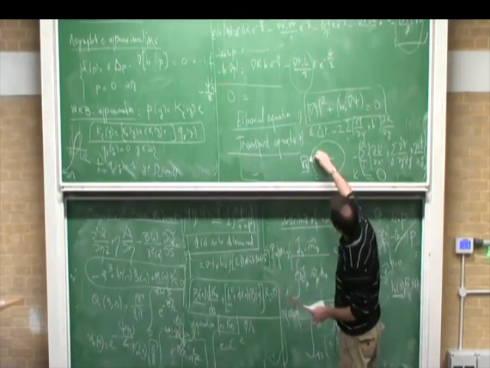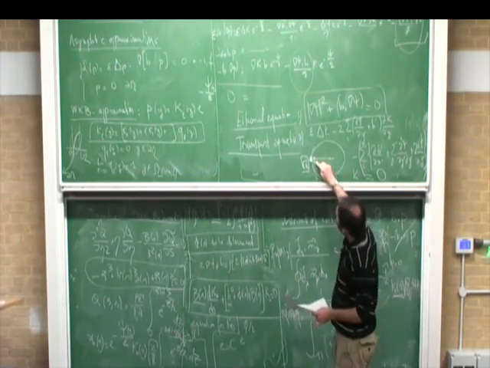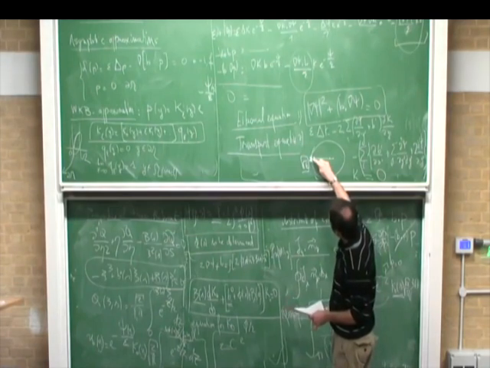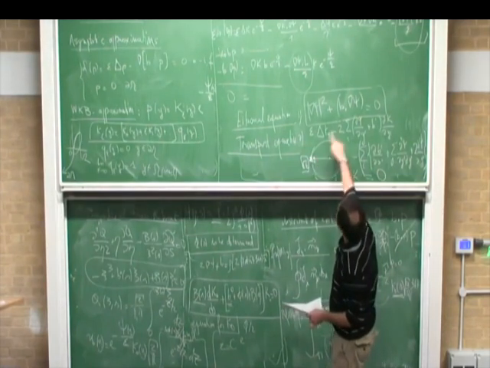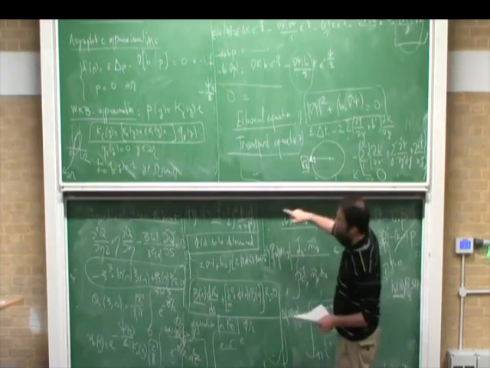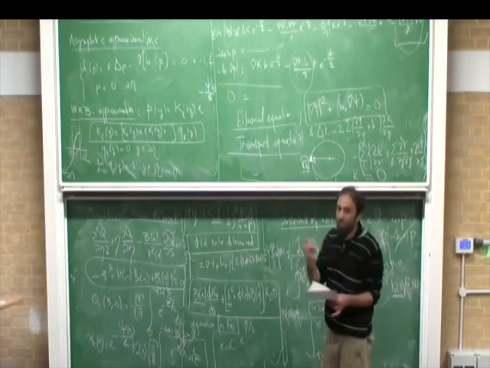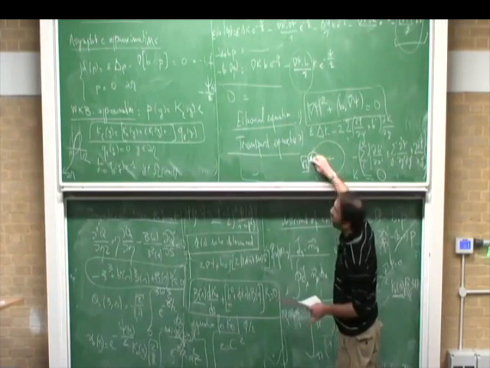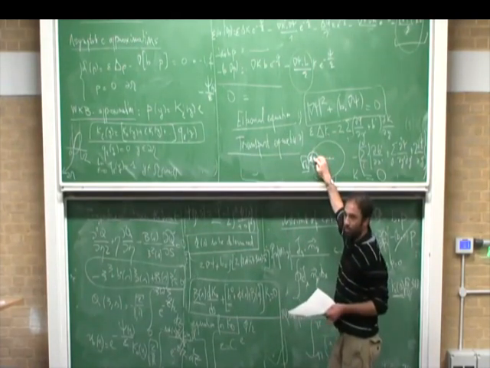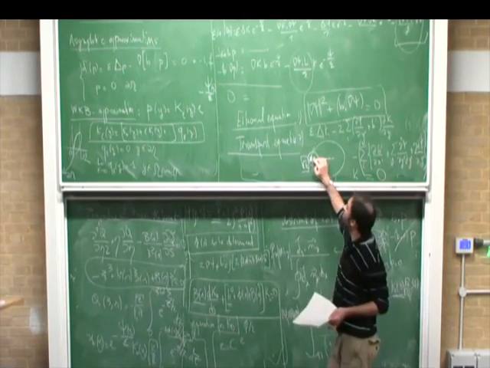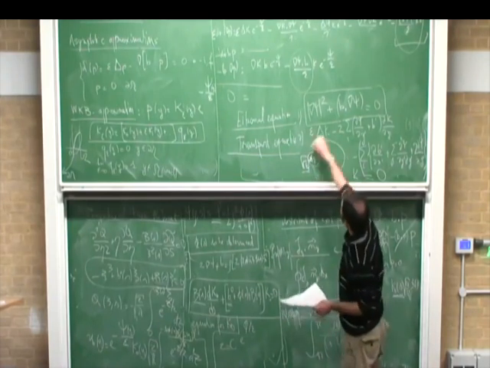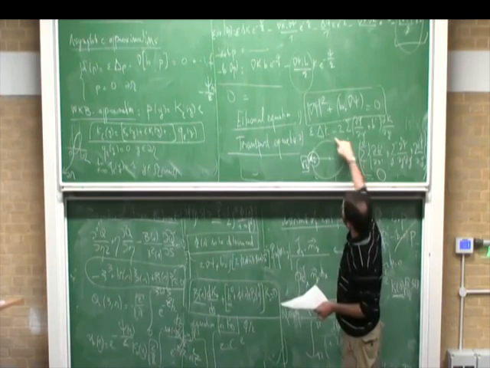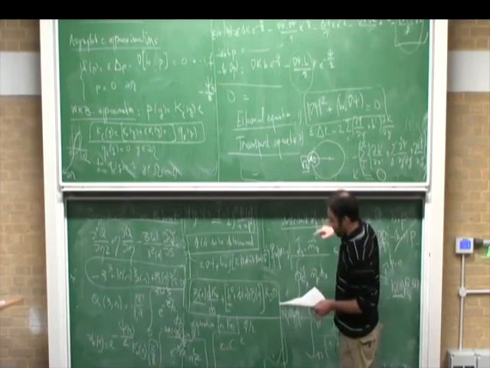However, if this point alpha is close enough to the boundary, you remember we said that psi is quadratic near this point. So if it's quadratic and close enough, we can use the quadratic expansion, because it's just a Taylor expansion, to calculate psi on the boundary, because we know that psi is constant on the limit cycle.